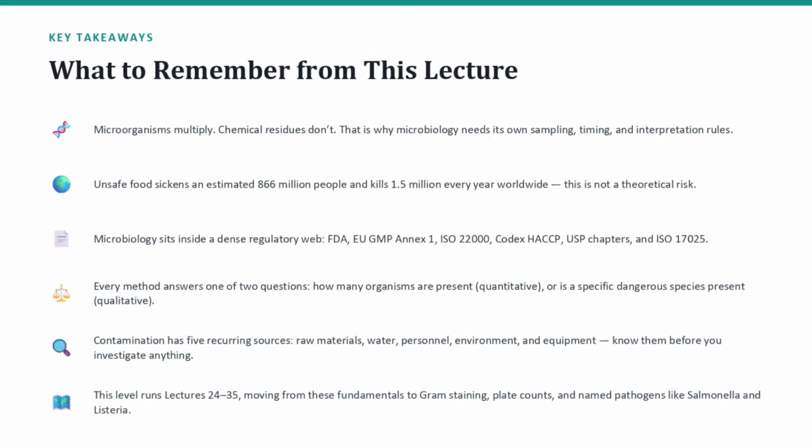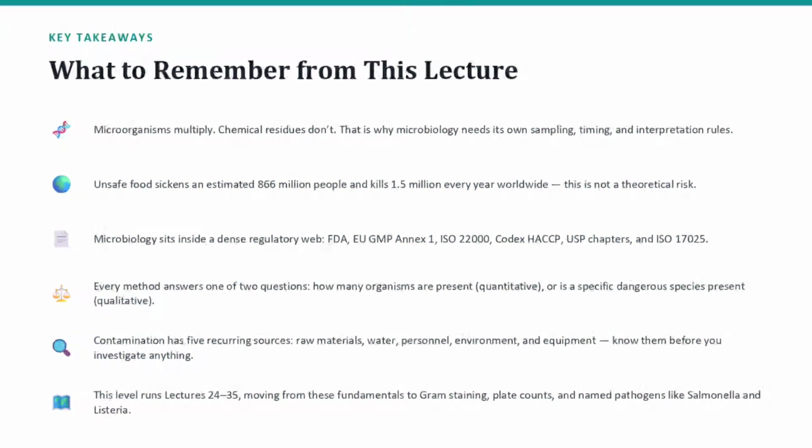Number 3. Microbiology sits inside a dense regulatory web. FDA, EU GMP Annex 1, ISO 22000, Codex HACCP, the relevant USP chapters, and ISO 17025. Know which one applies to your work. Number 4. Every method you will learn in this level answers one of exactly 2 questions.